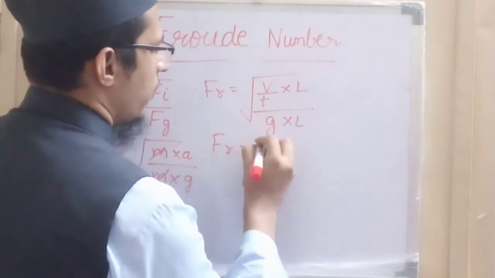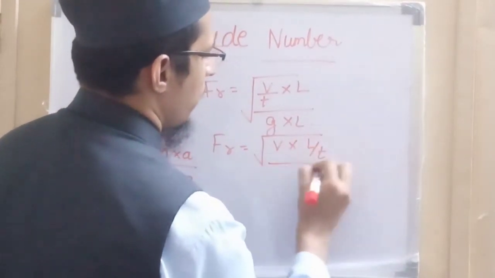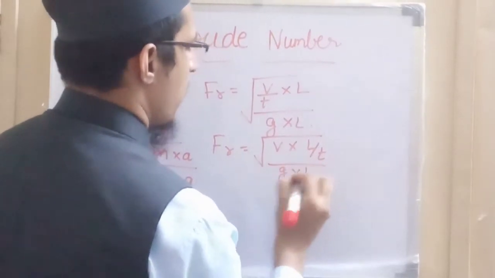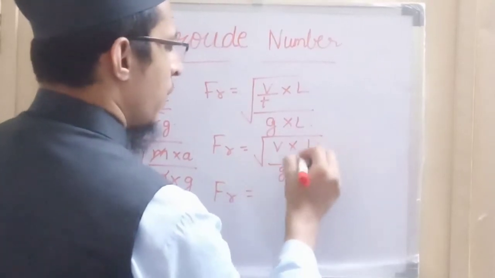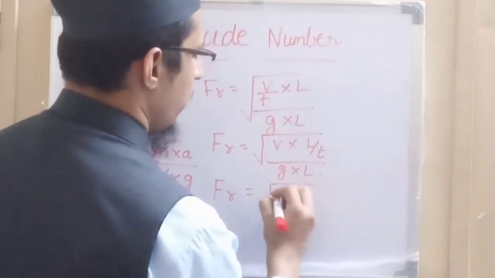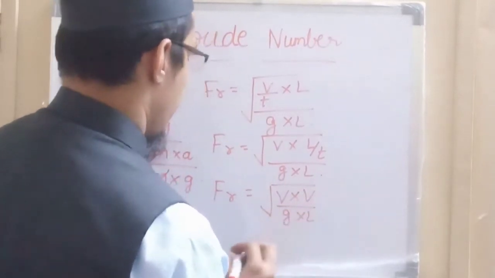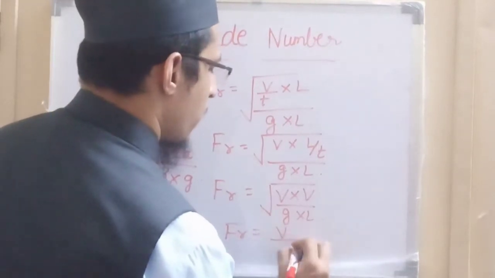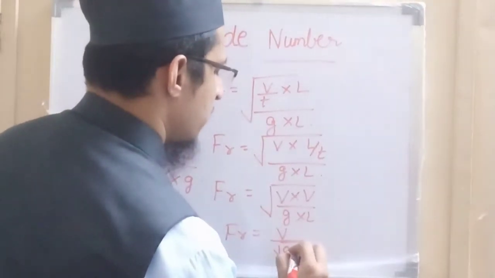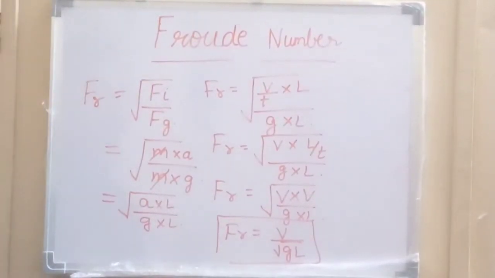Now Froude number can also be written like this: velocity into length upon time, g into L. Now length upon time is again velocity, so we have velocity into velocity and g into L. So finally we calculate the Froude number as v upon under root gL. So in this way we can calculate the Froude number.